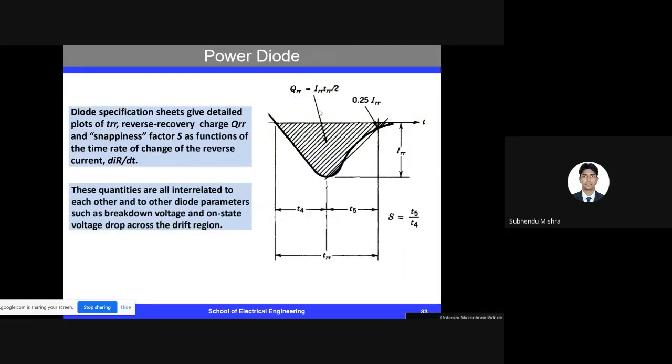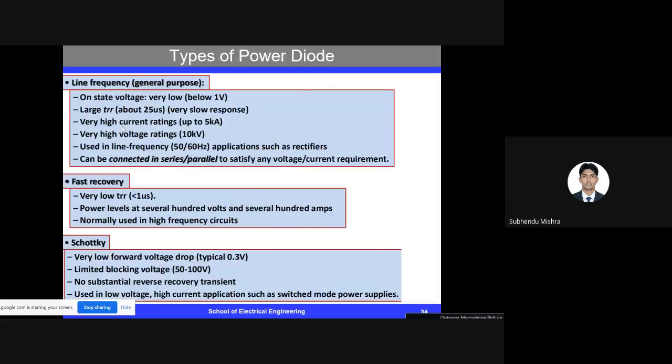This TRR is what decides the switching frequency. The time it takes to go back to the normal blocking state decides the upper limit of the switching frequency. So line frequency diodes have a large TRR and low frequency.